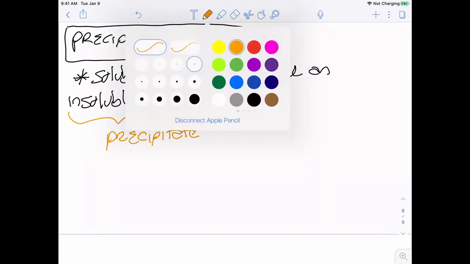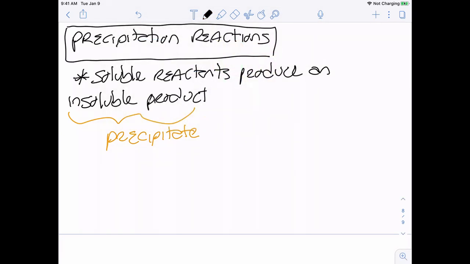I think the easiest way to do this is to just go through an example. So I'm going to give us a set of reactants. We're going to predict our products, and then we're also going to write ionic and net ionic equations with it. We had said this was a type of double replacement reaction.